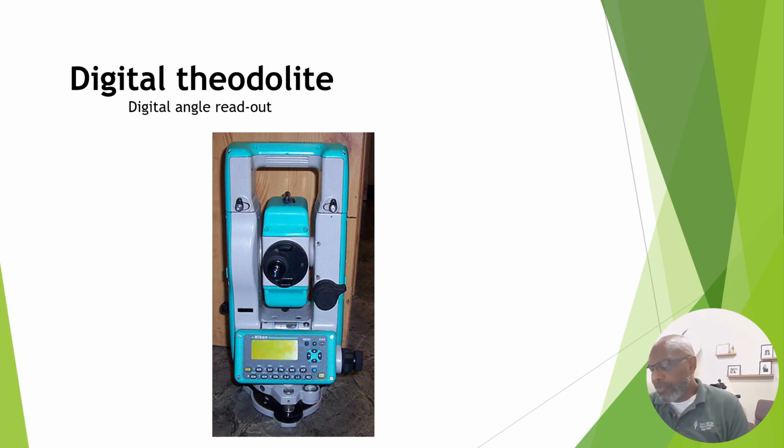Because it is electronically based, the digital theodolite is like other electronic equipment. It either works or it doesn't work. If a circuit goes out, the instrument is useless. If the battery is not charged, the instrument is useless.